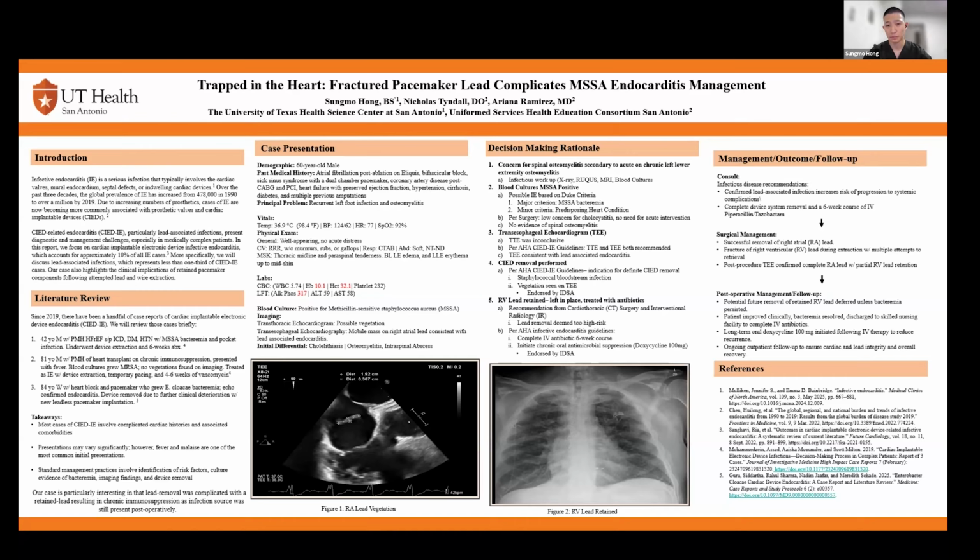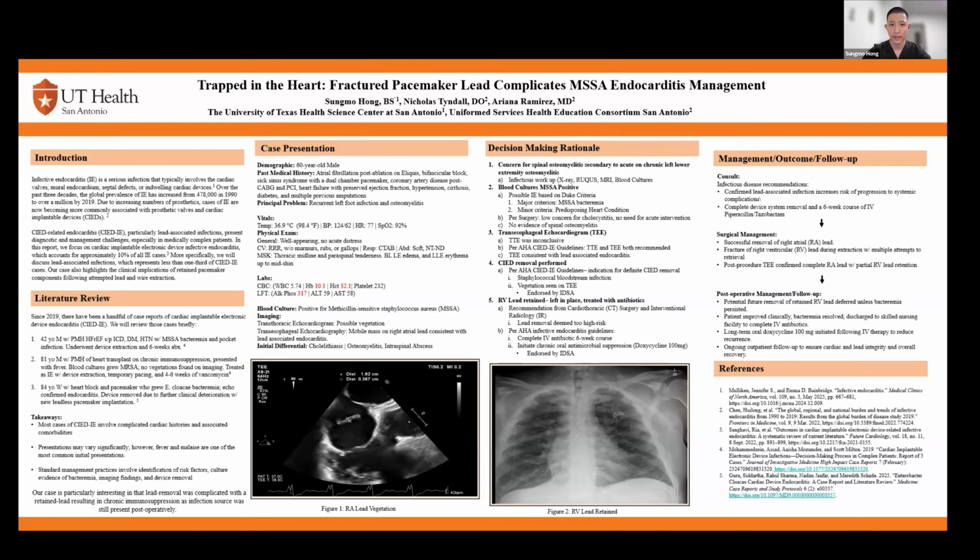The most common symptoms tend to be fever and fatigue. And typical management involves identification of risk factors, culture evidence of bacteremia, or bacteria in the blood, imaging findings, and device removal. Our case is particularly interesting because the device removal resulted in a complication where the lead that was inside the heart ended up breaking, and so they weren't able to fully remove the infective source.